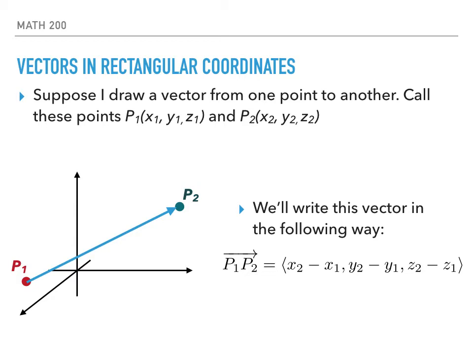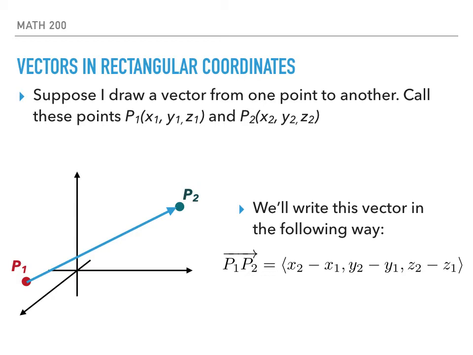Okay? In other words, you could tell me that you're driving 30 miles an hour. You could tell me that you're driving north. If you say I'm driving 30 miles an hour and north, then I know exactly what your displacement looks like. So that's what this vector is doing, it's telling you how do you go from P1 to P2? How far do you go in the x, in the y, and in the z?